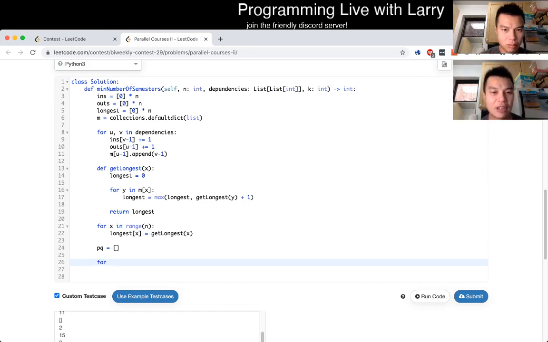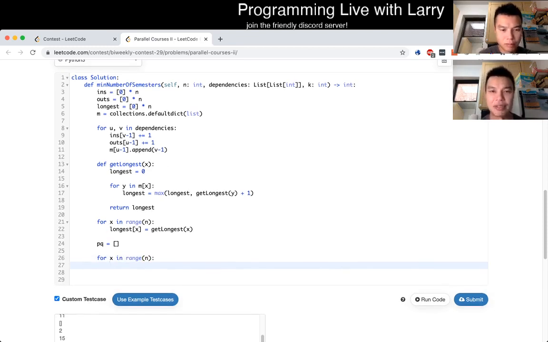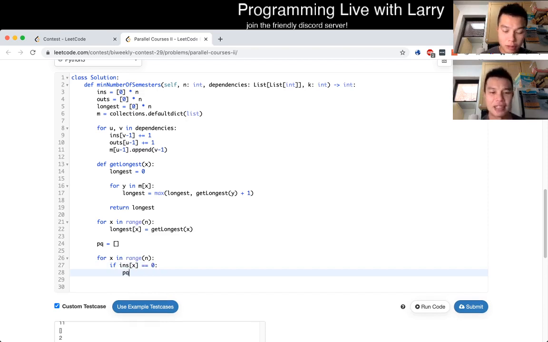So what I do now is that for every class that we can take, we sort it by the longest path by putting it in a priority queue, and then we take the top k elements every time. So we're taking up to k courses every time, and every time we take those k courses, we free up new courses that we can take. And this is basic topological sort.